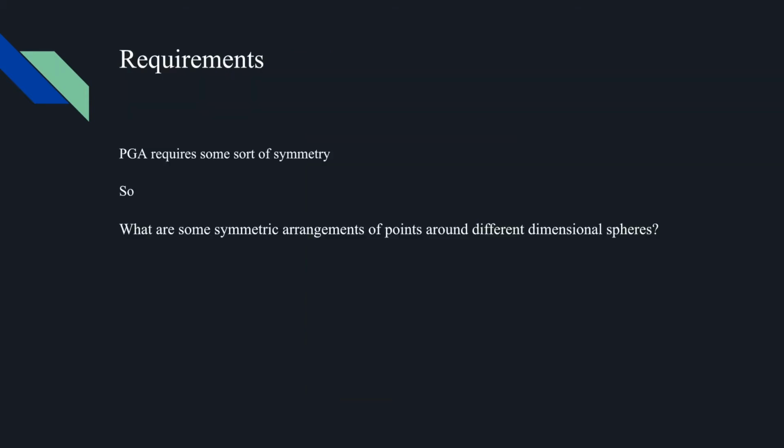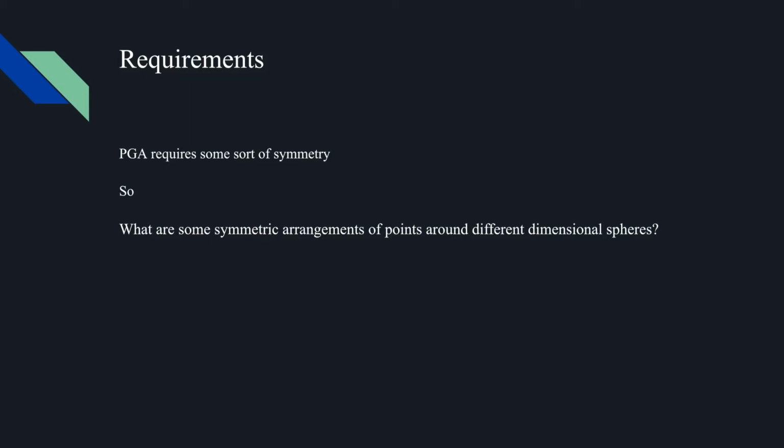So the inspiration for this project was obviously from the actual golf ball, and the PGA rules. So I wanted to take some of those rules and implement them in my new question. The PGA requires some sort of symmetry, but I wanted to stretch that one step further, to perfect symmetry.